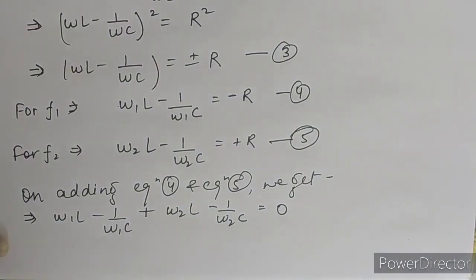Now what we have to do? We have to take common. Here L will be common and here 1 upon C is common. If you take L as common, then in a bracket we get omega 1 plus omega 2. And if you take minus 1 upon C as common, then it will be 1 upon omega 1 plus 1 upon omega 2, because we are taking minus as common.